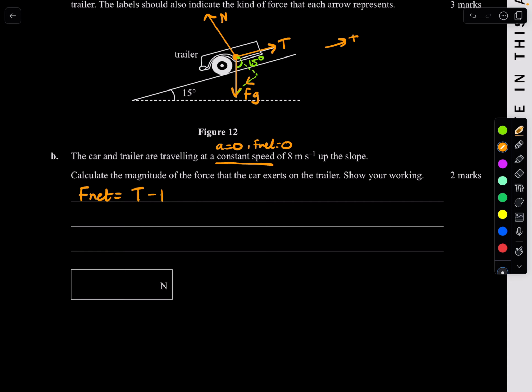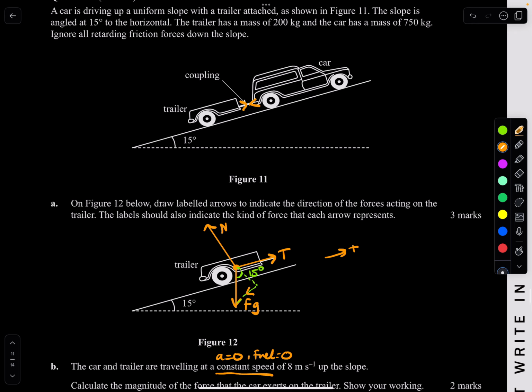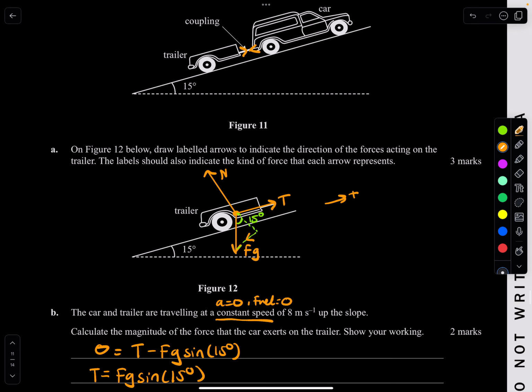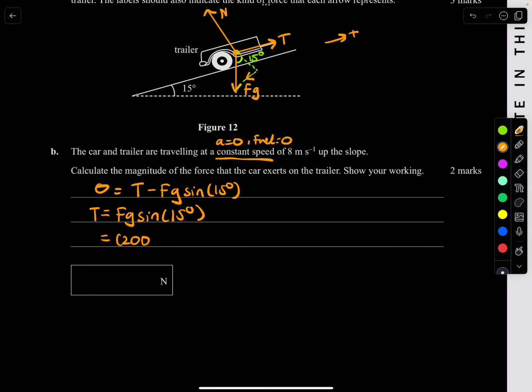So it's tension minus force of gravity sine 15 degrees, using basic trigonometry. Because F net is 0, since acceleration is 0, like we stated, this is just going to be 0. So your tension is just force of gravity sine 15 degrees, and force of gravity is just the mass times gravity. What's the mass of the trailer? It's only the trailer we want. The mass of the trailer is 200 kilograms. So 200 times 9.8 times sine 15 degrees. So let's do that.